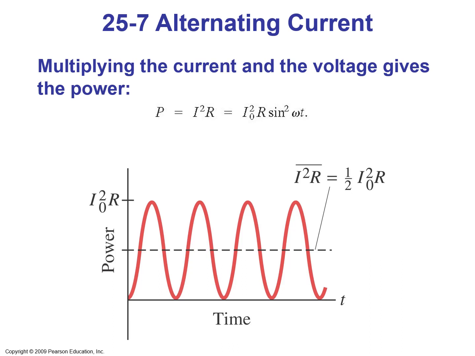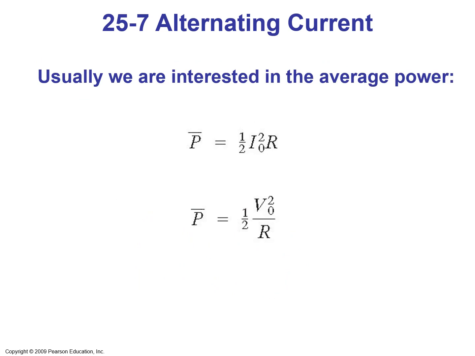Therefore, the mean power, I squared R, is equal to 1/2 I naught squared R. Usually we are interested in the average power. P average is 1/2 I naught squared R, or 1/2 V naught squared over R.